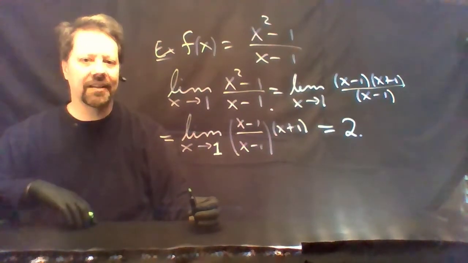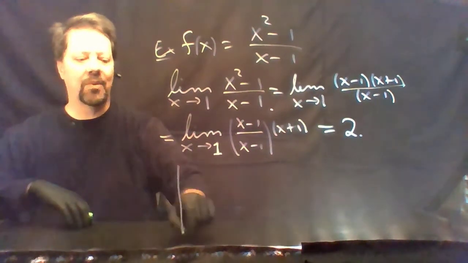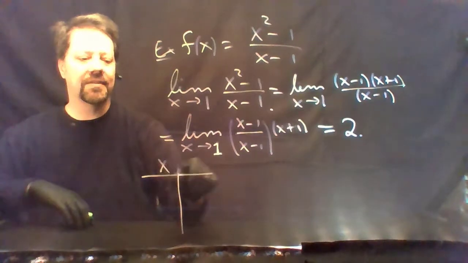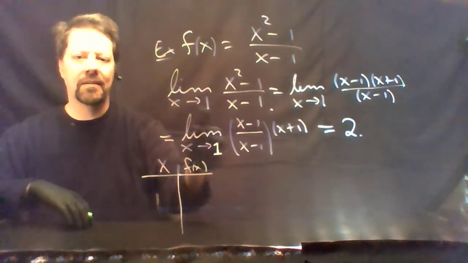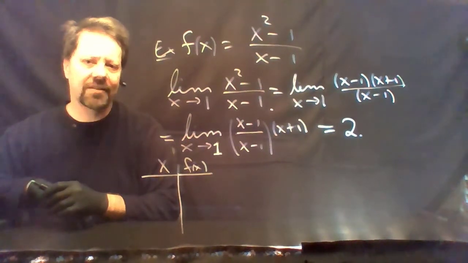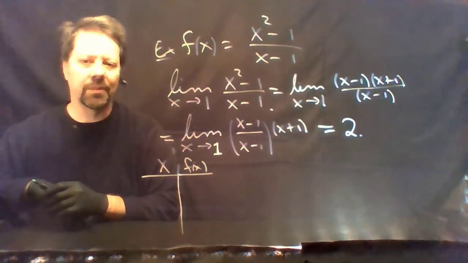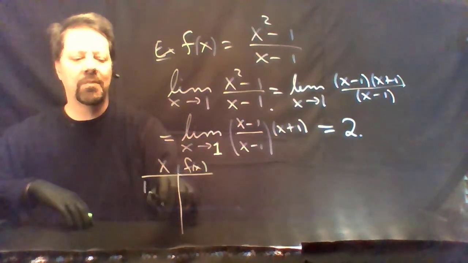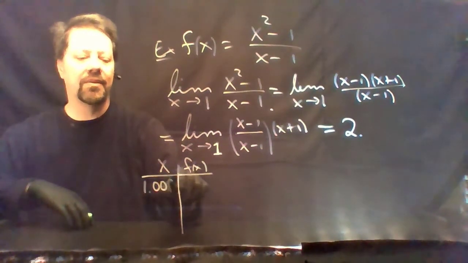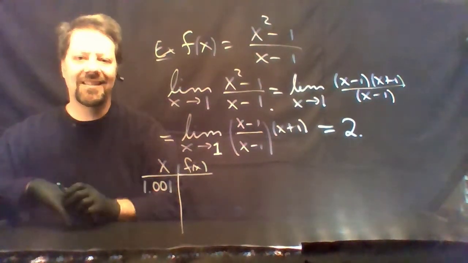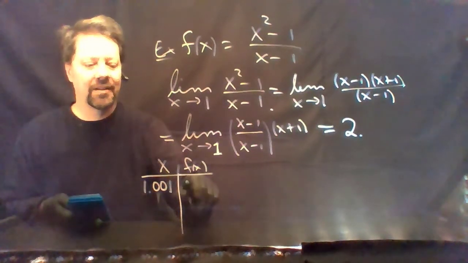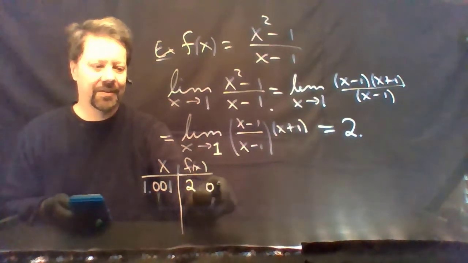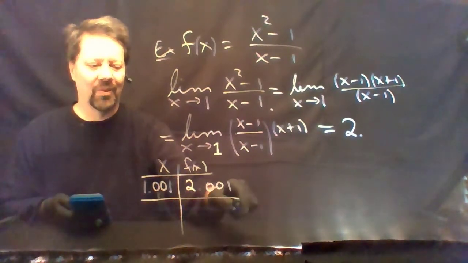We should also check this by maybe plotting some points, just for emphasis. If we're headed to 1, we need to choose values of x that are close to 1 but not equal to 1. How about 1.001? Is that close enough for you? My calculator gives me 2.001.